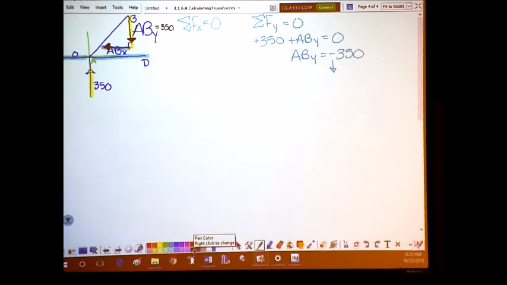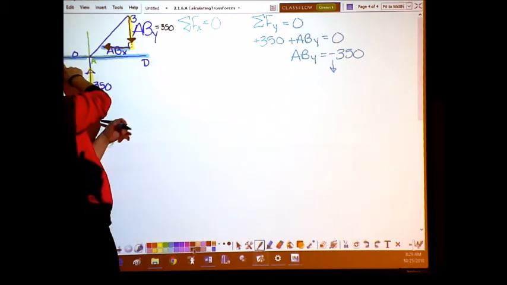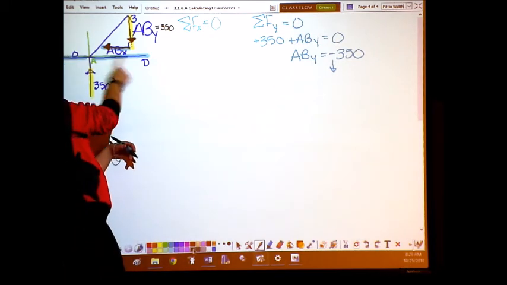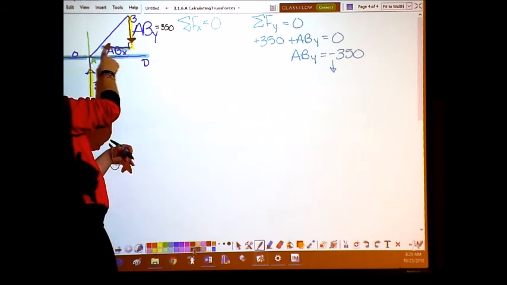How many horizontals do you guys see on point A? 1, more than 1. 2, more than 2. 3. They are here, 0, here, AB, and here, ABX.